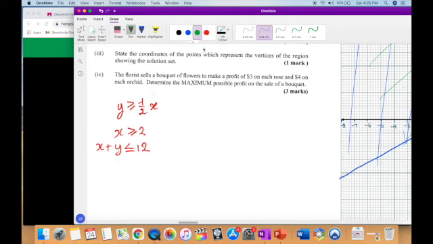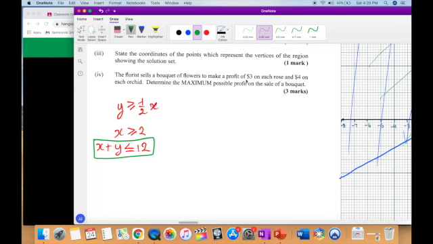Interesting question. x plus y is less than or equal to 12? Well, let me just see. The florist sells a bouquet of flowers. So we know that this has to do with the number of flowers in the bouquet, right?